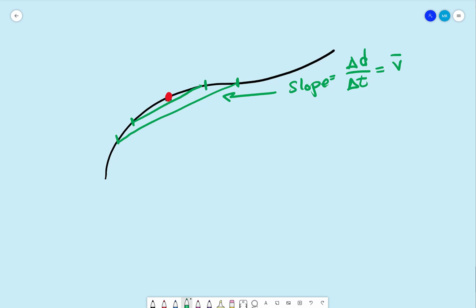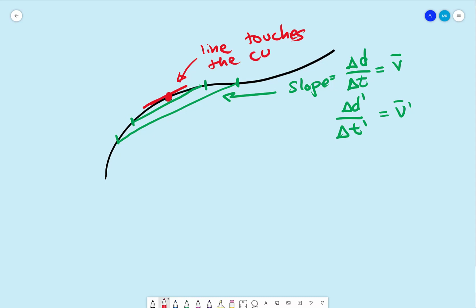And here we have a new slope, which is a little bit closer maybe. So now we'll have delta d prime over delta t prime, where we're getting a little bit closer to our specific point that we're interested in. But what we really want is the slope right here. And the slope right here is given by a line that barely touches, it just touches the curve at this point.